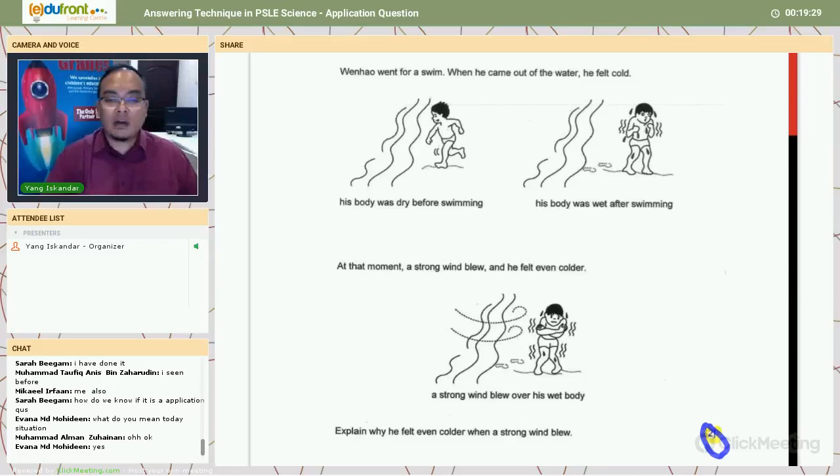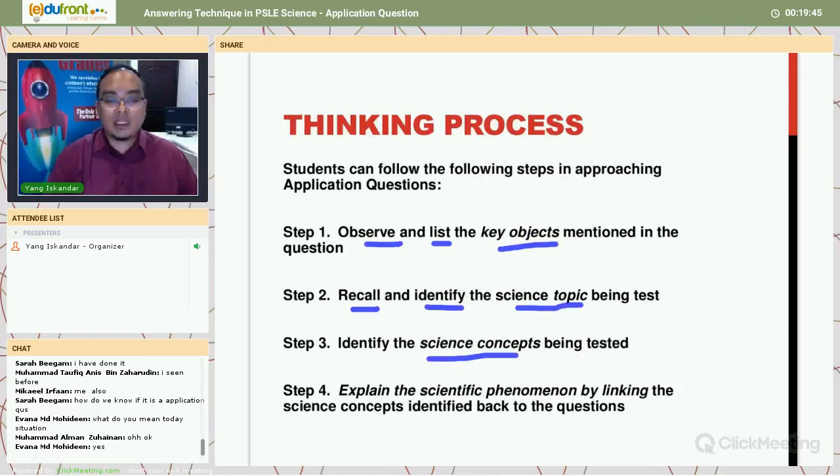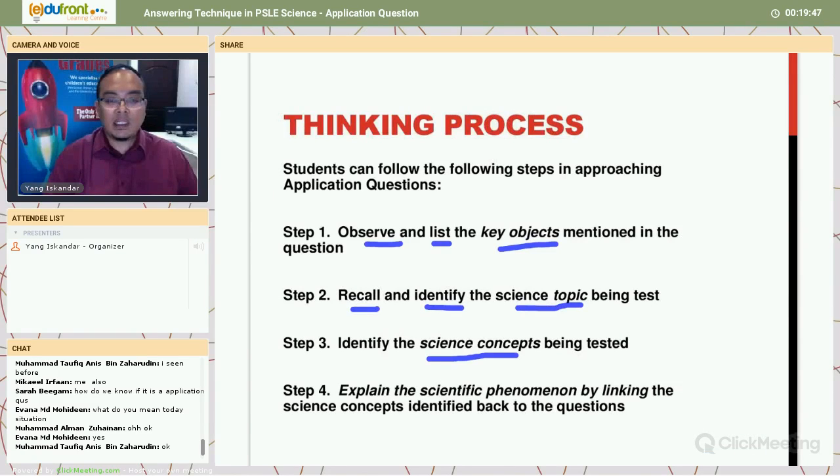Here, all of us experienced swimming and then we felt cold, right? Once we get out of the swimming pool, we felt very cold. So why? They ask you why. What is the reason? So you must use the right scientific concept and be able to explain clearly the question. Okay, thank you for asking.